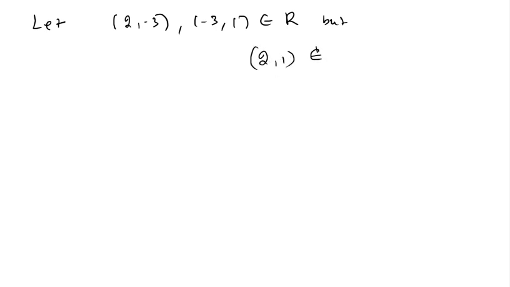Let 2 comma minus 3, and 2 is less than minus 3 square, and minus 3 comma 1, the two ordered pairs given in the relation, but 2 comma 1 does not belong to R, because 2 is not less than, it is greater than, 1 square.